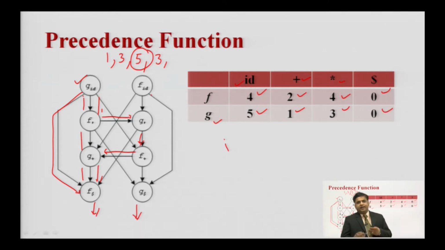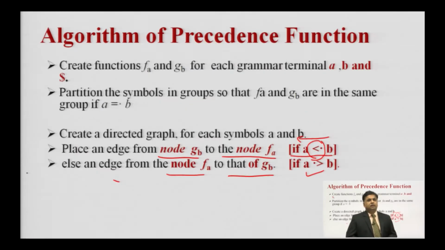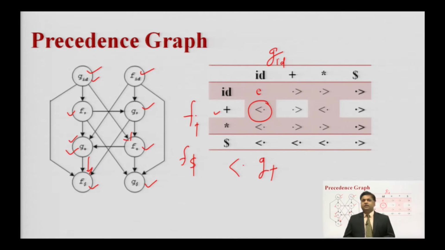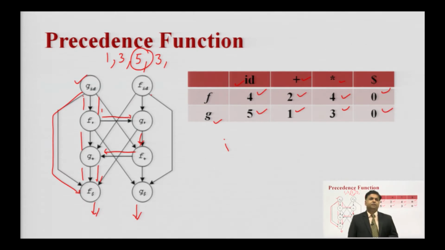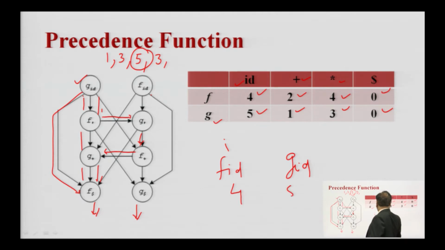So, what is my intention to say here? Earlier, in this precedence table there was no relation between F I D and G I D, and that was declared as an error as per the operator precedence table. But if I move with the help of the precedence function, then I can find the relation between F I D and G I D. The value of F I D is 4 and G I D is 5.